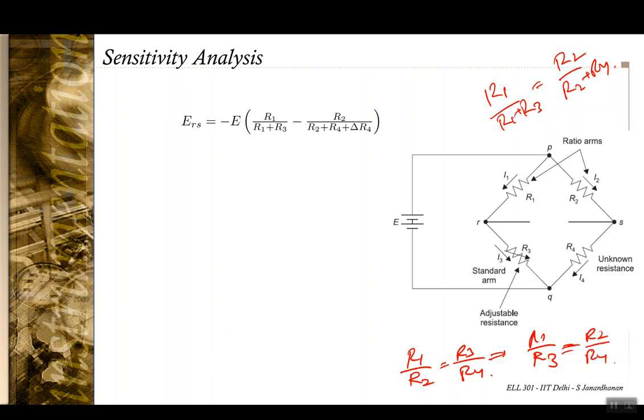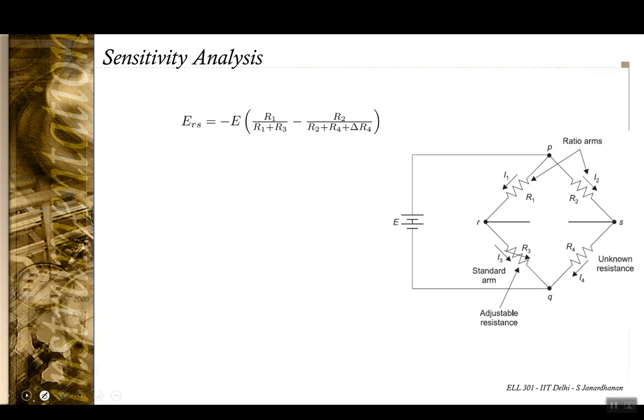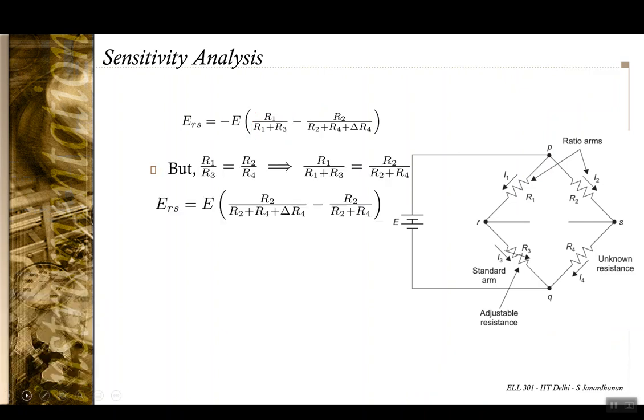You can take it in a different manner anyway. Now this would mean that R1 by R1 plus R3 is R2 by R2 plus R4, so we can substitute R1 by R1 plus R3 by R2 by R2 plus R4, and let's do that.